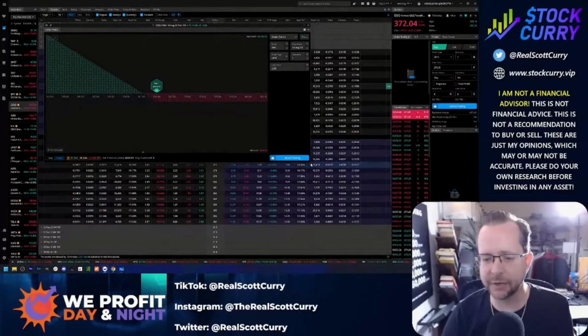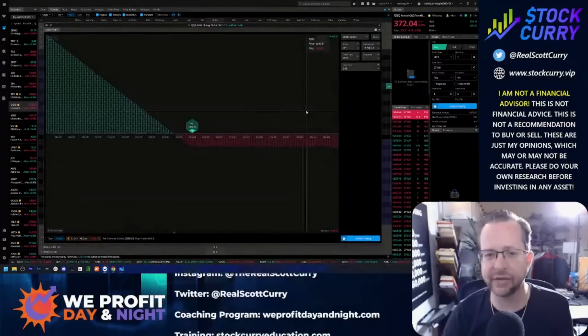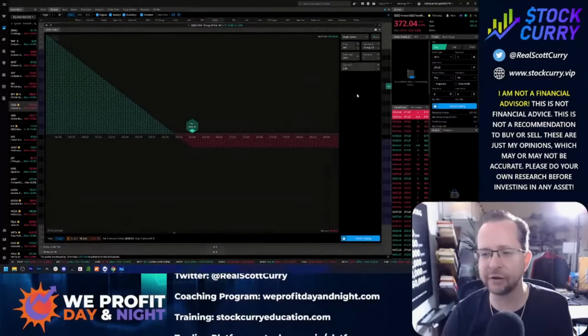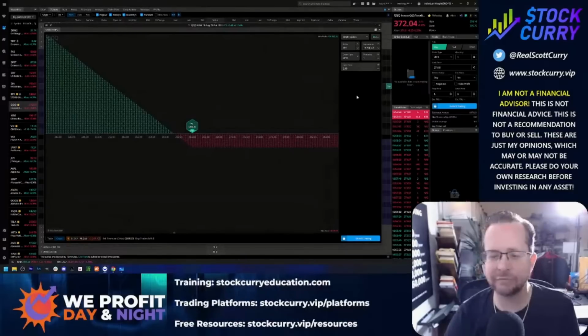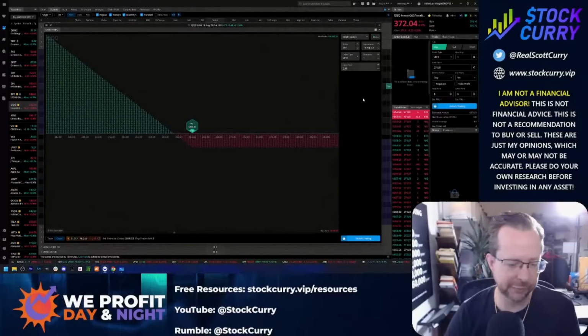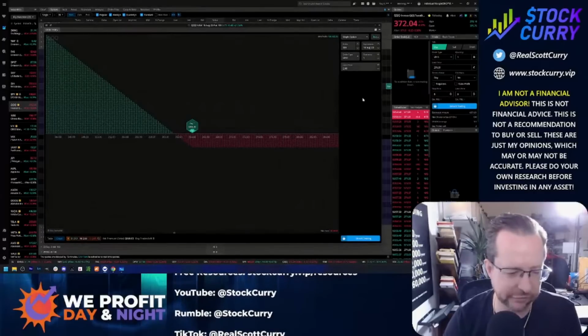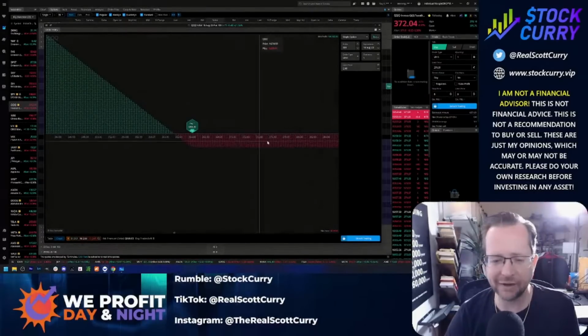I'm just going to buy the put. That's it. This is a $364 put. If I just straight up buy the put, obviously my max loss is just whatever the cost of the put is, which in this particular case is $2.68 or $268. That's my maximum loss.